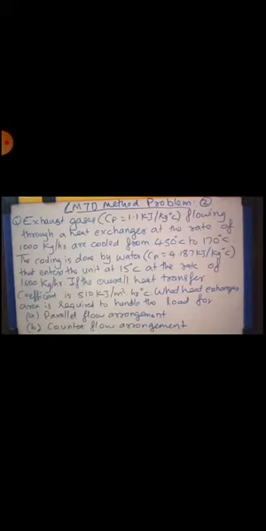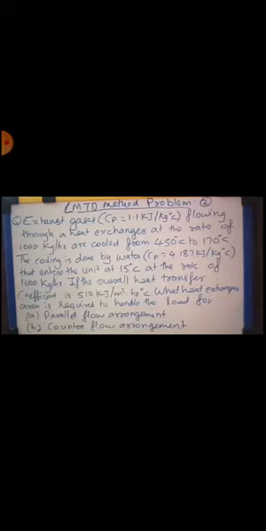The question is: exhaust gases, with Cp equal to 1.1 kilojoule per kilogram degree centigrade, flowing through a heat exchanger at the rate of 1000 kilogram per hour, are cooled from 450 degrees centigrade to 170 degrees centigrade.